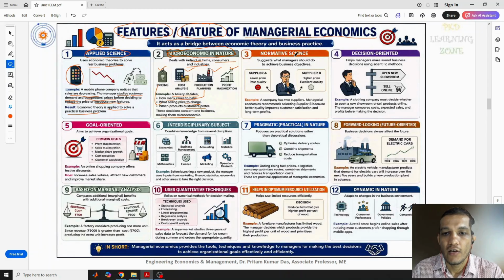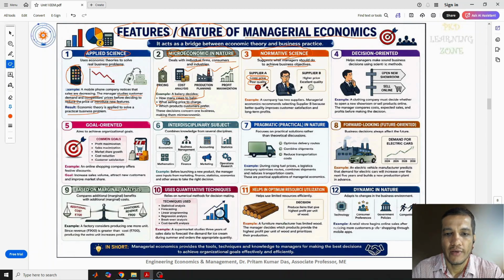Next one is normative in nature. It suggests what the manager should do to achieve business objectives. To achieve the objectives of the business, what do managers need to do? Suppose there are two suppliers. Supplier A has a lower price for the product, but at the same time the quality of that product is not up to the mark; it is of poor quality.